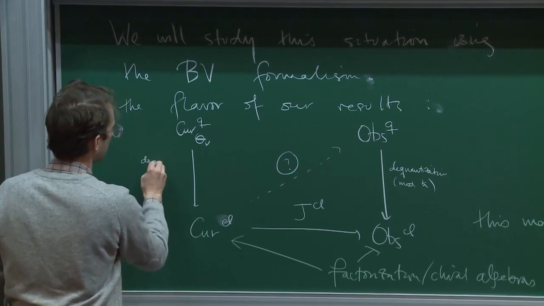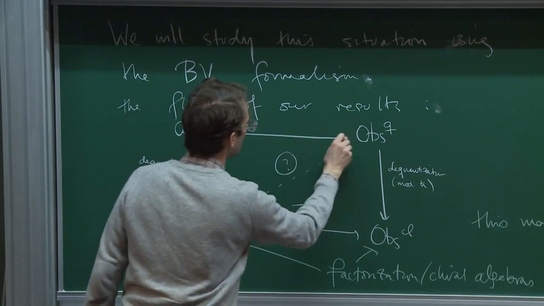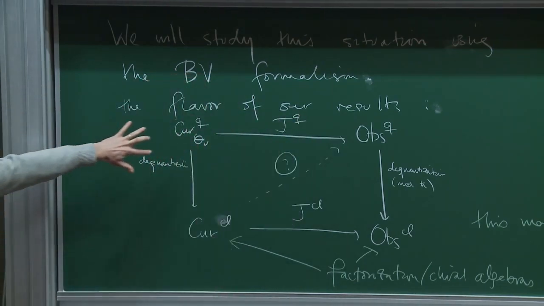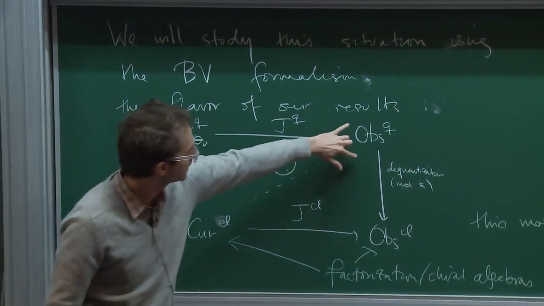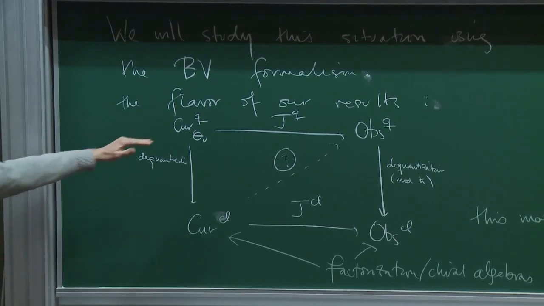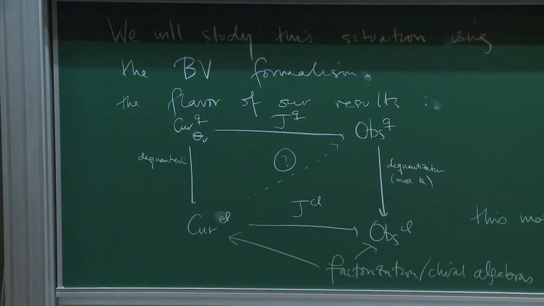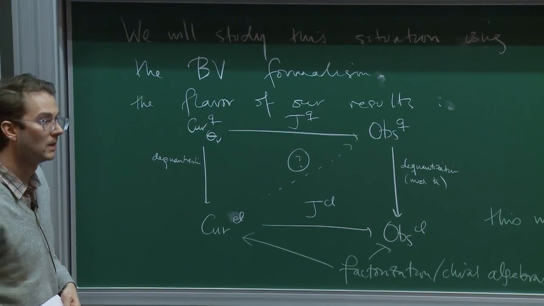This is also dequantization. And there'll be a map of chiral algebras from some sort of factorization algebra of quantum currents to the quantum observables. Things like Ward identities can be read off from this map. Okay. Do you literally mean that there's a map on the left-hand side of a vertical map?